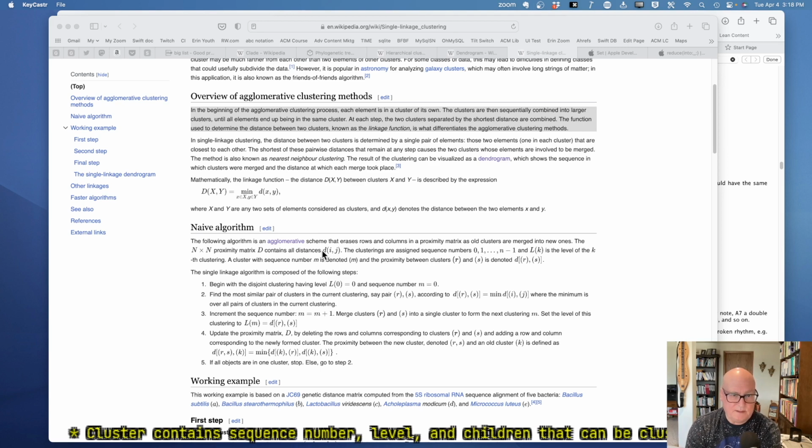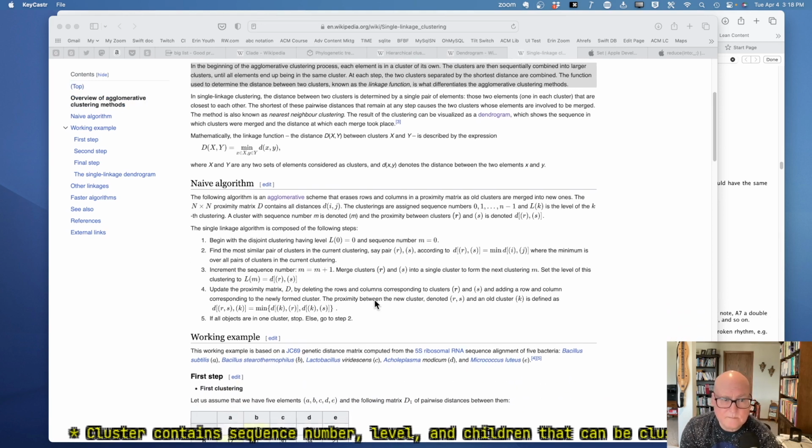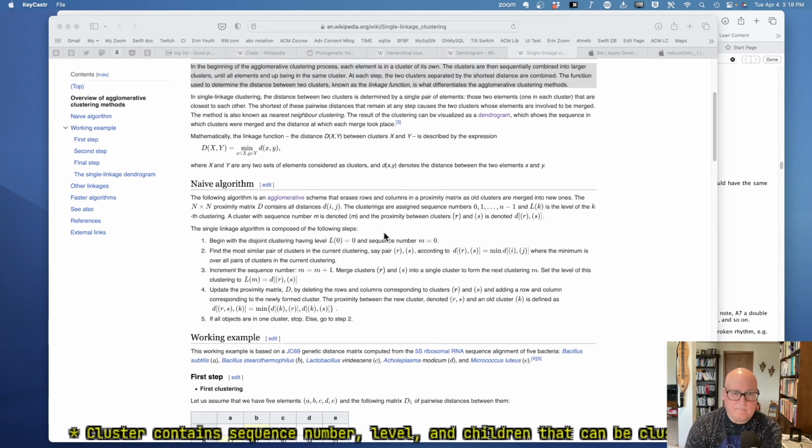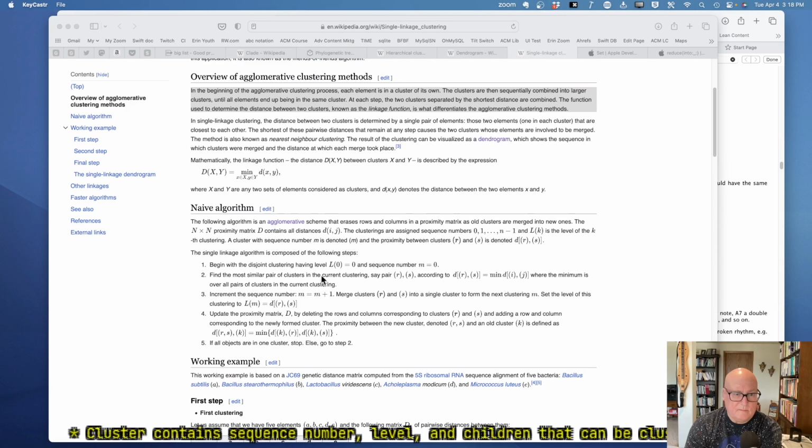I think I'm still going to need this definition of these. Well, in our case, distances are doubles. So we've got to implement this rule somewhere.